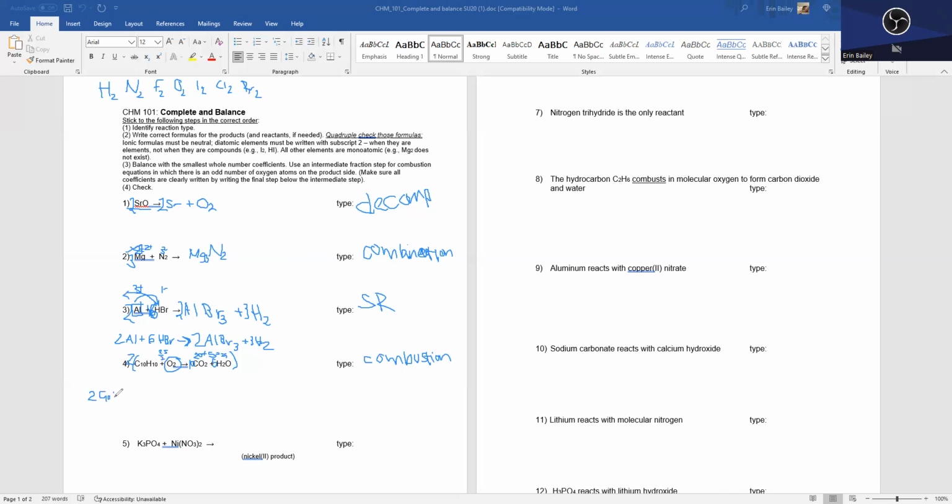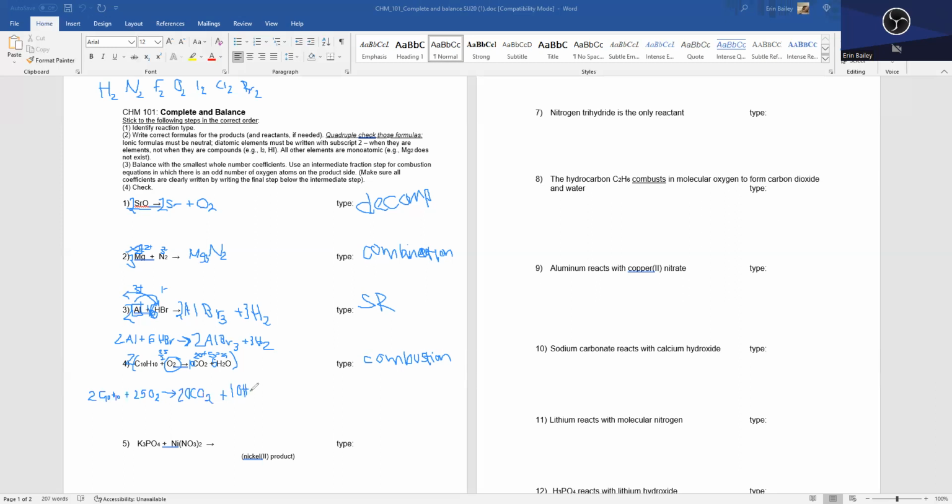2C10H10 plus this 2 multiplied by the 2 that's being divided, it's just going to be 25 over 2. And then that's going to produce 2 times the 10 is going to be 20 carbon dioxide plus 2 times the 5 is going to be 10 water.